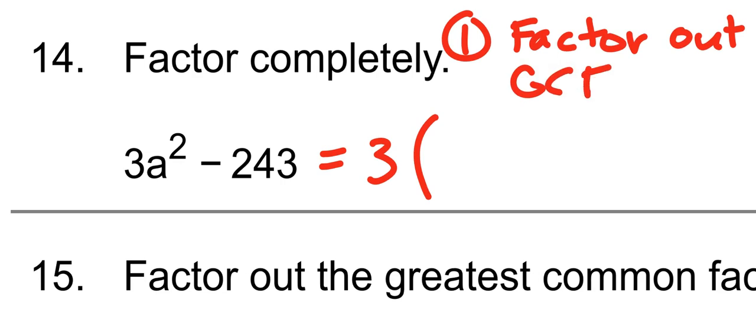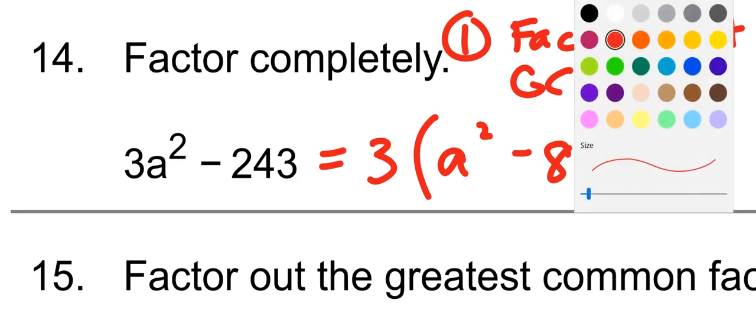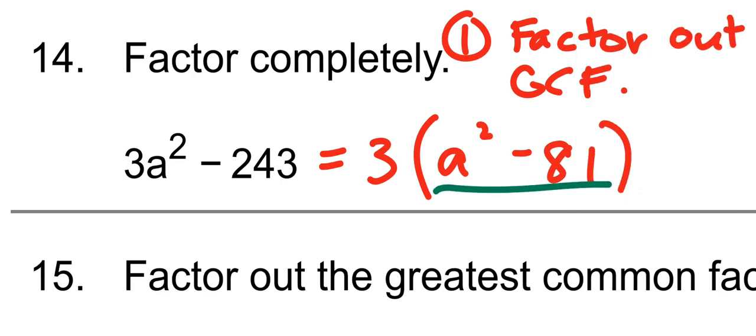That would be our first step. If I do that, I'm left with a squared minus, let's see, 81. Now I do that, and look, a difference of perfect squares shows up. So we can continue this process.